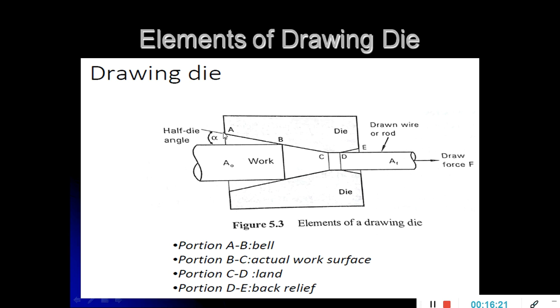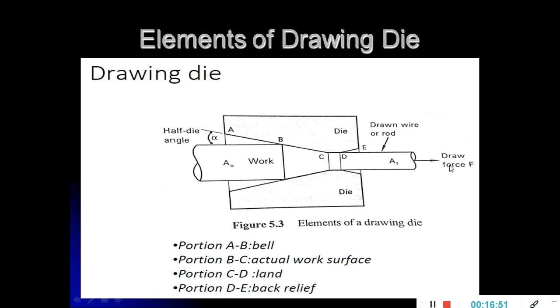Now see here, this is the die and this is the conical hole. This is the land, this is the back relief. Now this A0 is the unworked, undrawn workpiece. The original cross-section area is A0. When it passes through the die, the diameter is reduced. AF is nothing but the final area, and this is the drawn wire or rod.